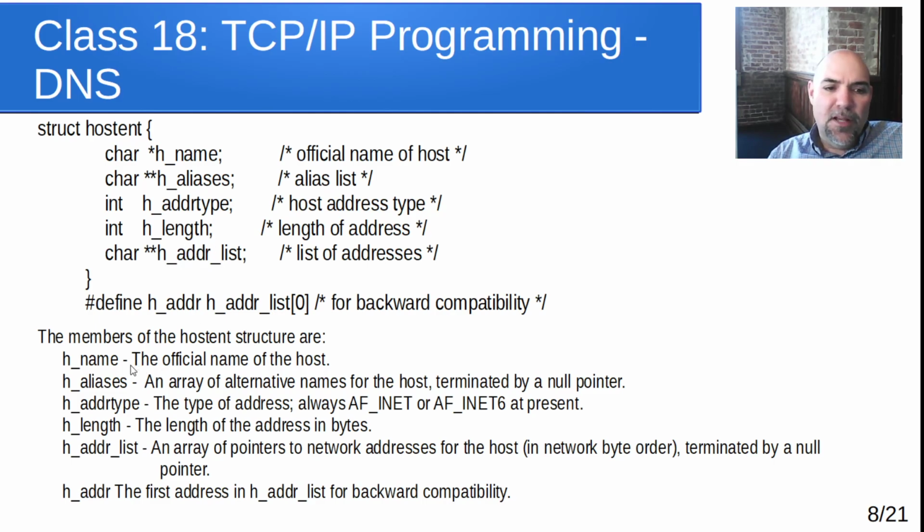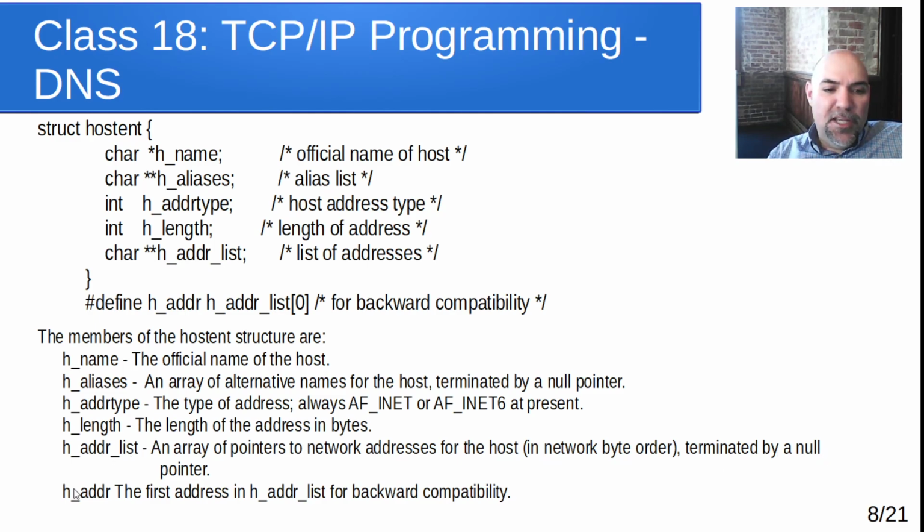But let's read through these. h_name, the official name of the host. h_aliases is an array of alternative names for the host terminated by a null pointer. The address type, in this case, is always going to be AF_INET or AF_INET6, which is IPv4 or IPv6, depending on which type. And then the length of the address in bytes. And then down here is the address list, an array of pointers to network addresses for the host in network byte order, again terminated by a null pointer.